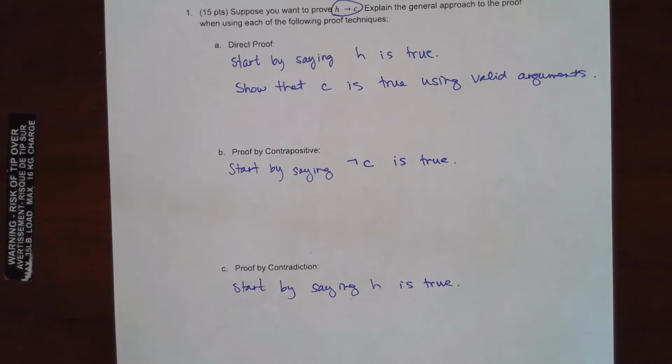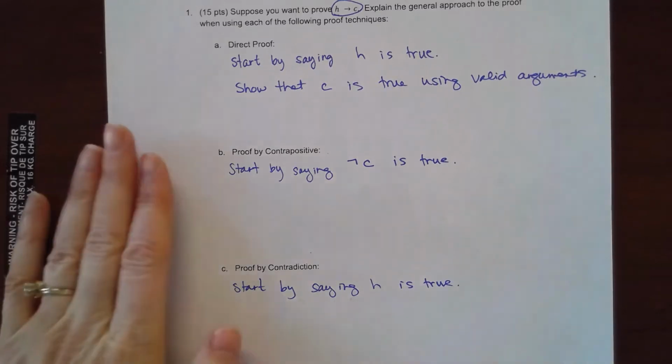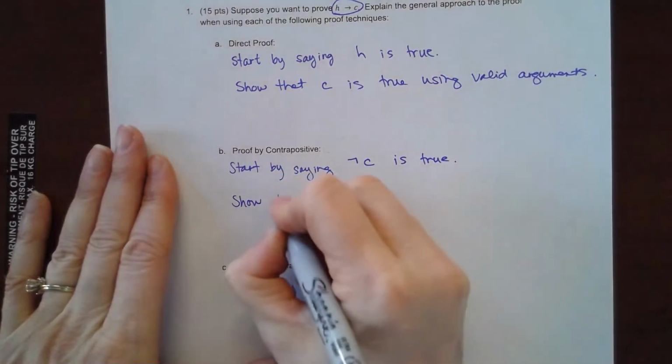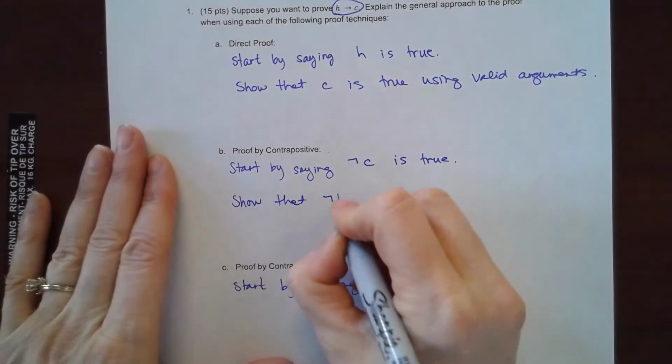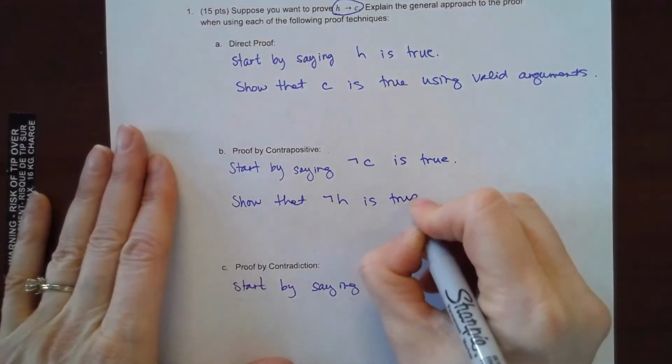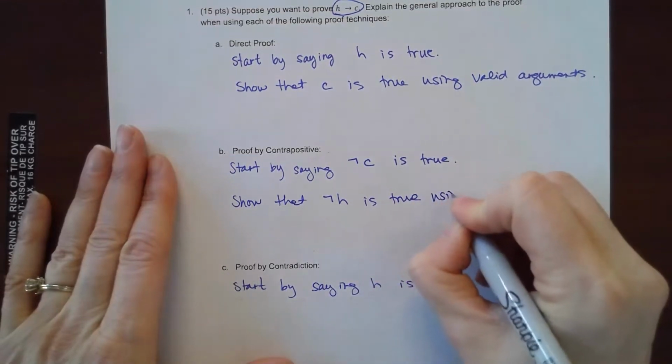When I'm doing a proof by contrapositive, I start by saying not C is true. I already know this is true. That's not in question. I know that not C is true, and then I show that not H is true, using valid arguments.